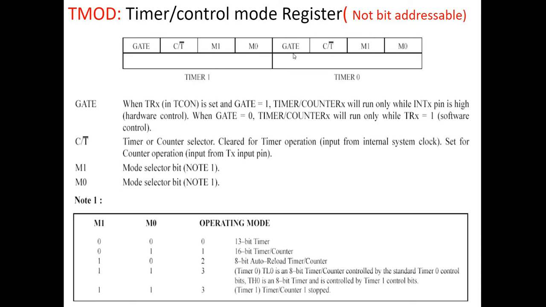If the gate bit is 1, it indicates that the 8051 is using hardware, that is the interrupt pin. But now we'll assume that we are using software to turn the timer on and off, so we'll consider the gate bit as 0.